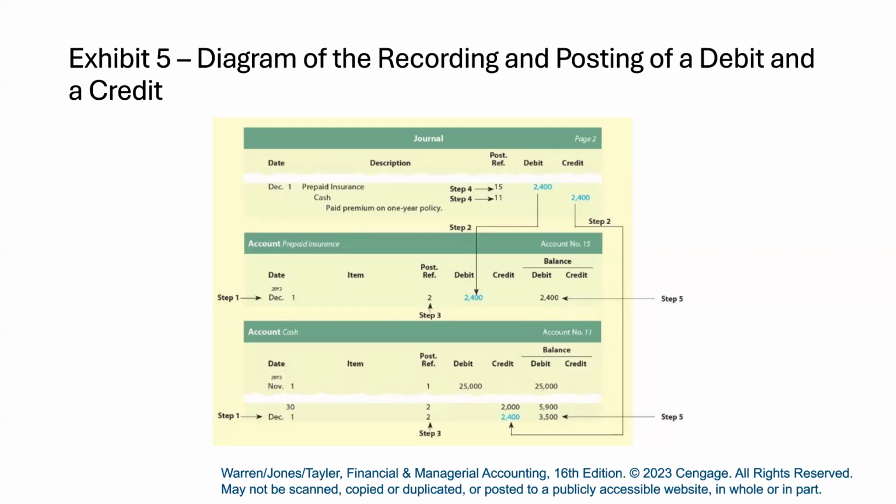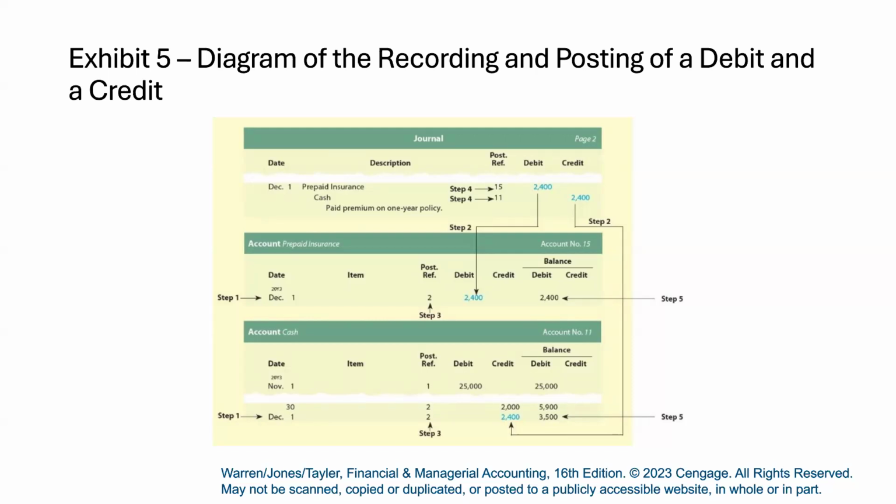Here's where it's a little confusing. If the account has a debit balance and we credit the account, then that's going to reduce the debit balance. So it had 5,900, we credited it 2,400, so the new balance is a debit of 3,500. Remember, with an asset account like cash, debits increase the account, credits decrease the account.